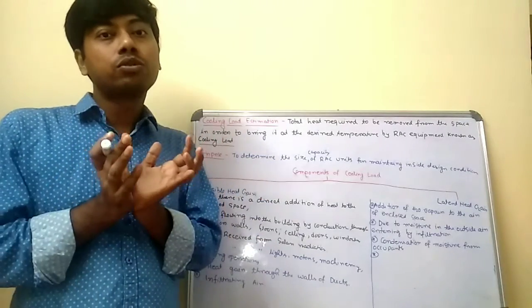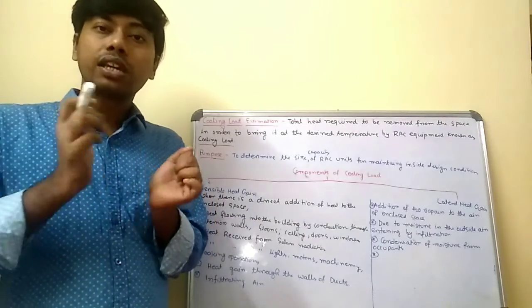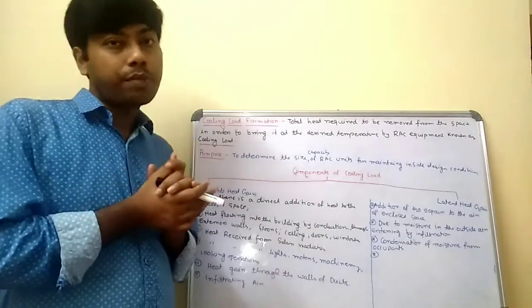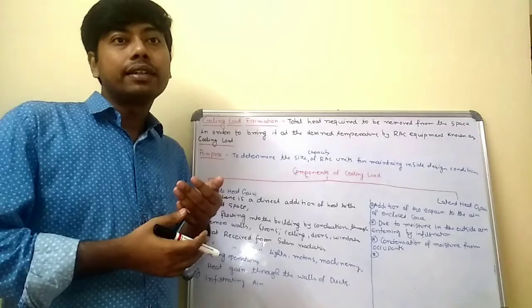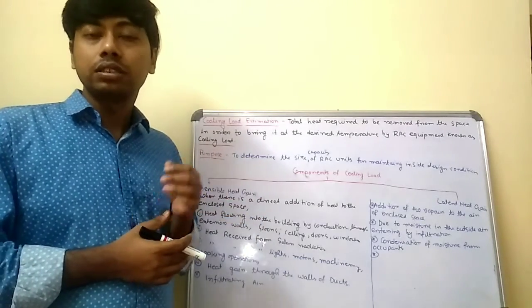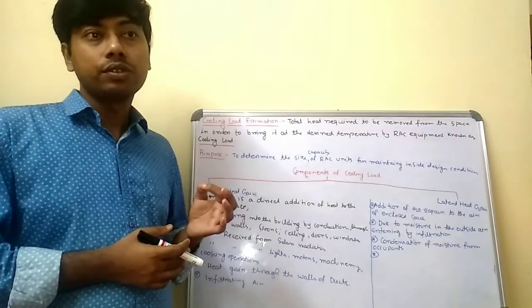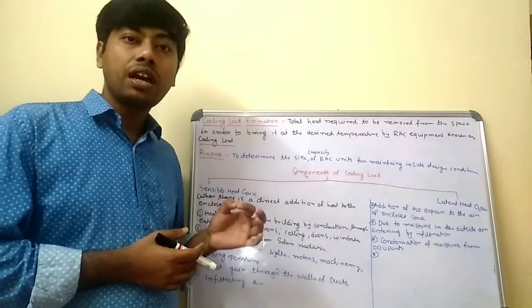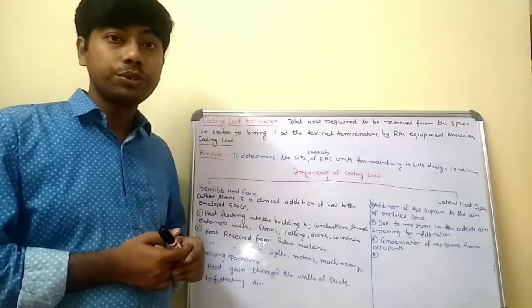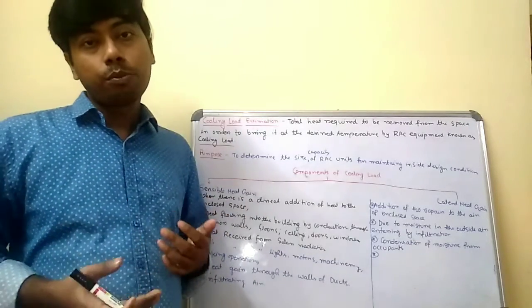That calculation is called cooling load estimation, and its main purpose is to get the desired size and capacity of the RAC unit which is to be installed. This is a very important concern, and this load estimation can give you better performance of any RAC unit which is installed. Now, what is the main component of cooling load?